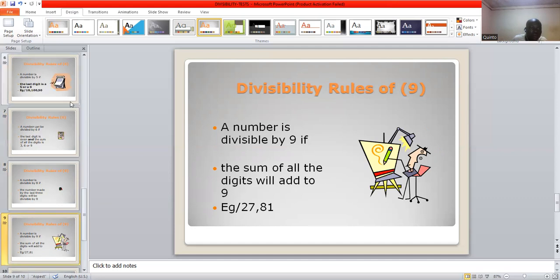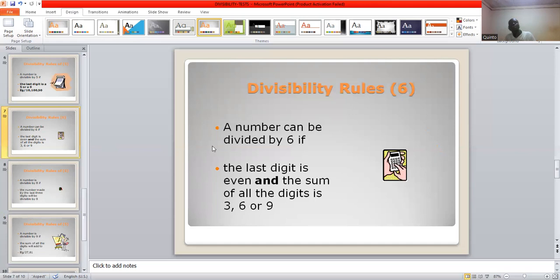So the divisibility test of 6: a number can be divided by 6 if the last digit is even and the sum of all digits is 3, 6, or 9.